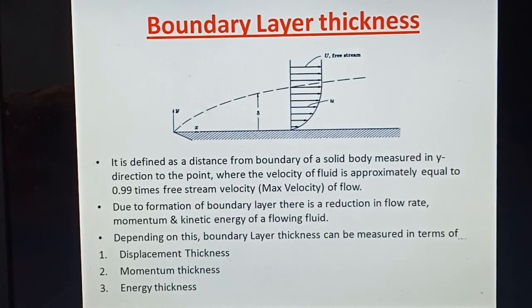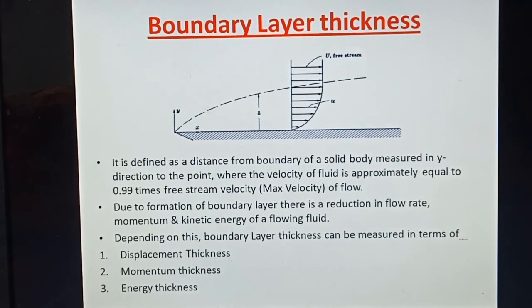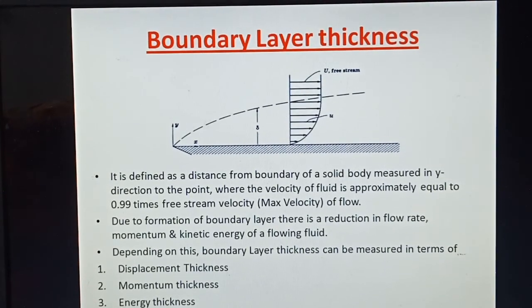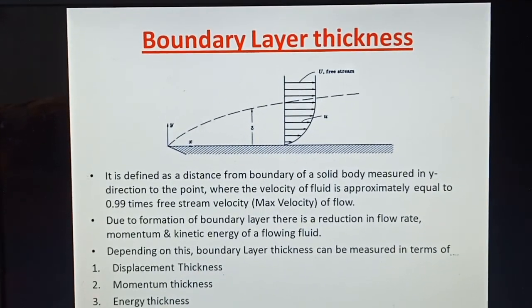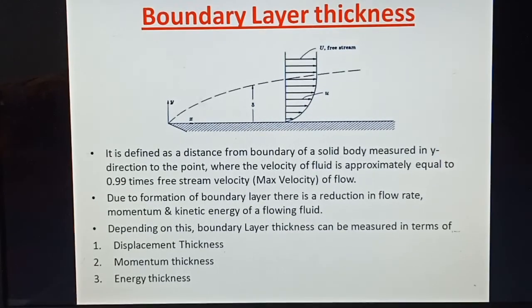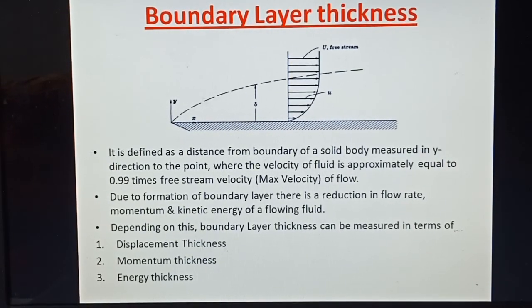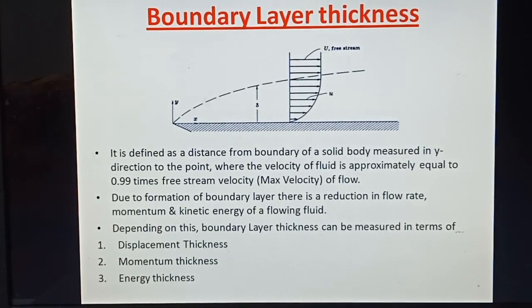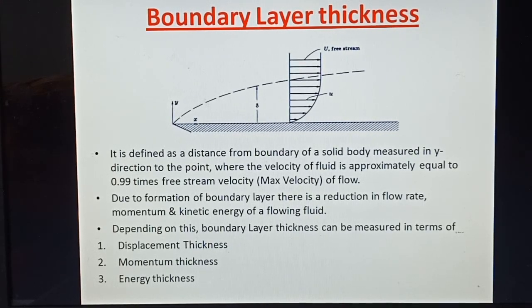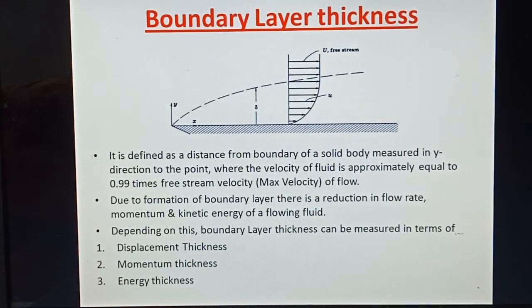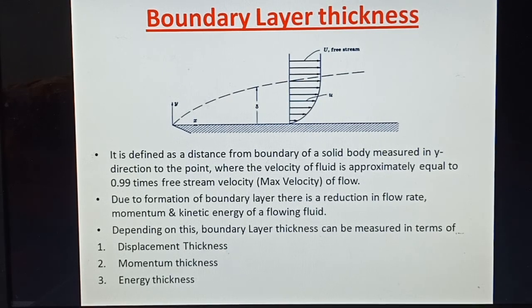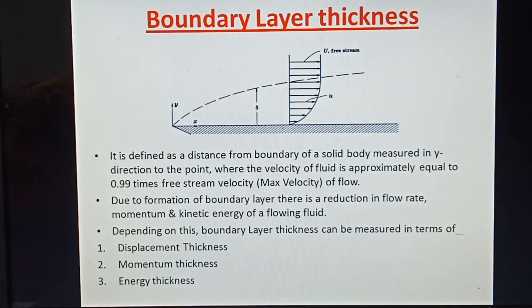Now I have said that the velocity varies from 0 to maximum. That vertical distance from 0 to maximum, that we have to measure, is nothing but your boundary layer thickness. Due to formation of this boundary layer, we have already studied that shear stress retards the flow of a fluid.